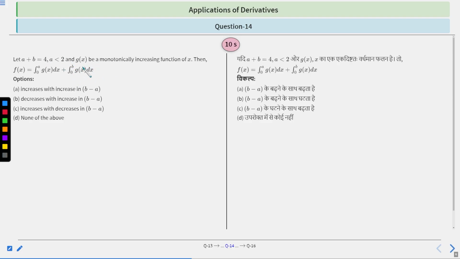Also, g(x) being a monotonically increasing function means g dash x should be greater than 0. So by using these three conditions, we can easily find whether f(x) is increasing or decreasing in b minus a. You have 10 seconds to solve this question. After 10 seconds, we will discuss the solution.